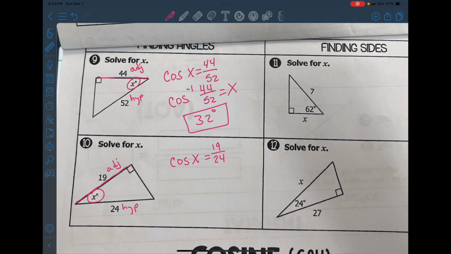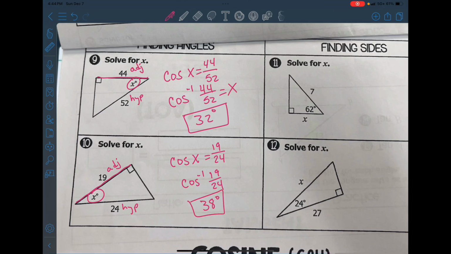So on my calculator, I'm going to put second cosine of 19 divided by 24. And you get 37.6, which would then round to 38.